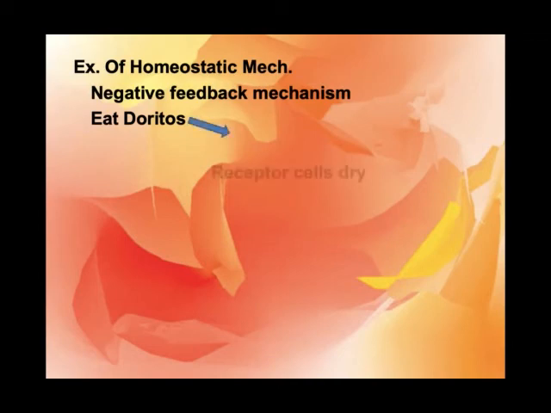When you're eating the Doritos, because they're very, very salty, the receptor cells in your mouth dry out, because you remember from biology, with osmosis, water goes from where there's a high concentration to where there's a low concentration. If you're eating a lot of really salty Doritos, the water's going to come out of the cells of your mouth and go into the mush that is the Doritos in your mouth, because there's not much water there.